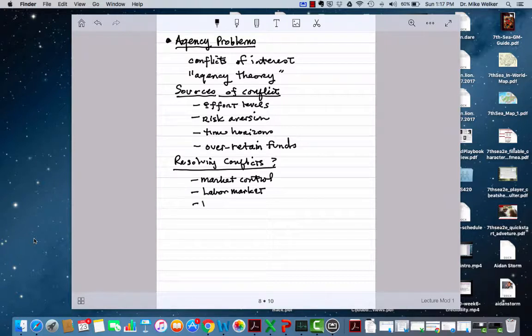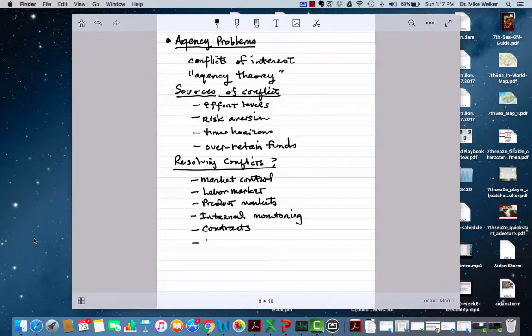And of course, you have the product markets. The inefficient firms are going to go out of business. Also, internal monitoring. So the firm will have control systems in place. Firms also have contracts, and they have to abide by contracts with their suppliers of capital, with their customers, with corporate charters, compensation contracts for management, and so on.